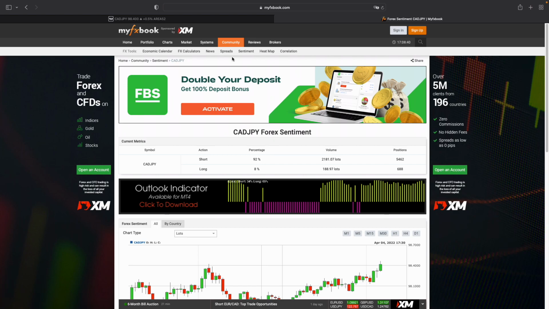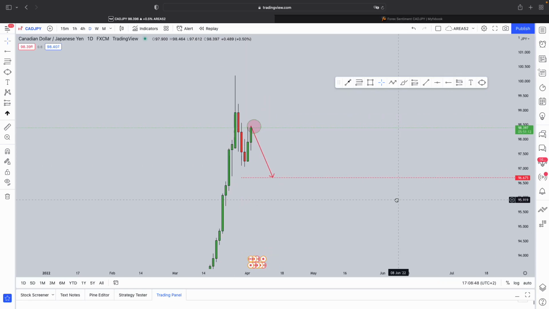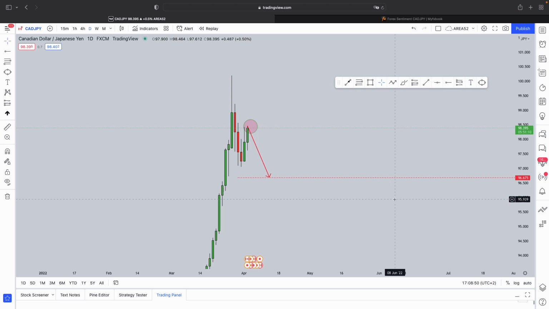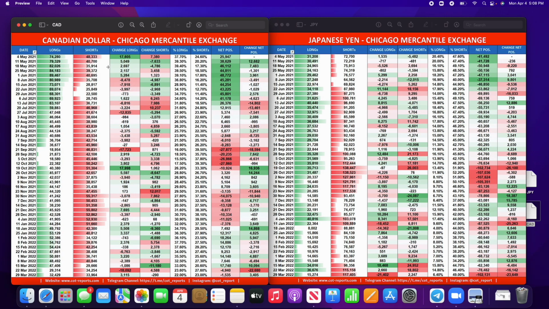Now, the next thing that we are going to look at is the COT report, which is the Commitment of Traders. This tells us what the biggest banks, hedge funds, and institutions are doing in the market. Looking at the Canadian dollar, based off the last report, which is last week's report, hedge funds came in and added 3,115 buy positions, and they started closing 290 sell positions.